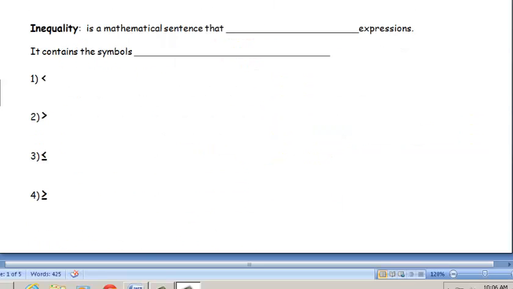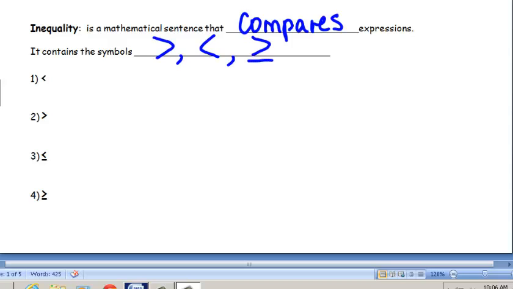Now let's move on to what is an inequality. An inequality is a math sentence that compares expressions. It has the symbols greater than, less than, greater than or equal to, and less than or equal to. Now, you all know, and I just wrote these same symbols down here.